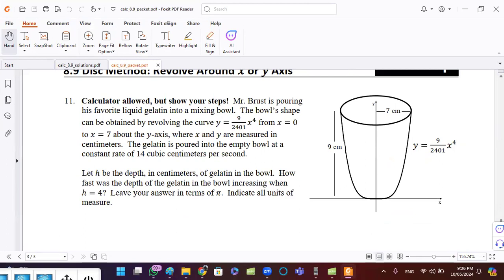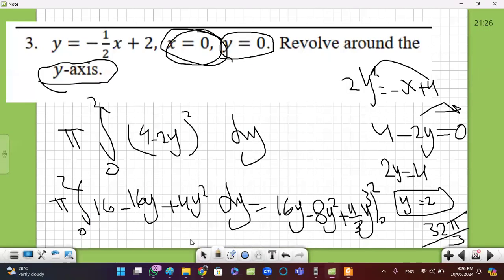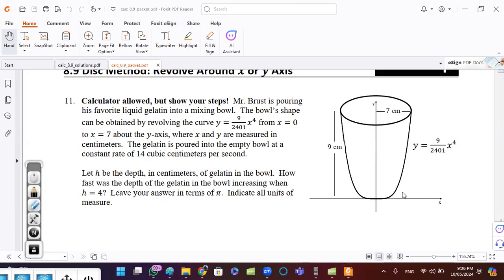Yeah, this one. Here, y equal 9 over 2401 x power 4. We're going to make a revolution around what? Y. So I need to find x.